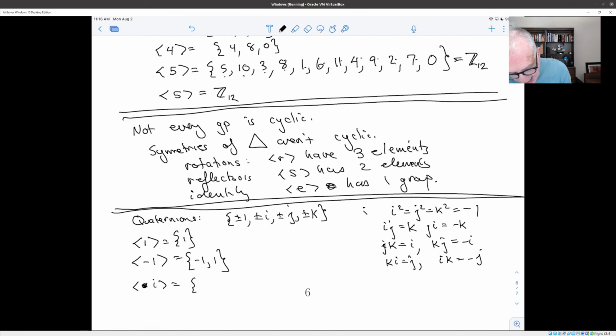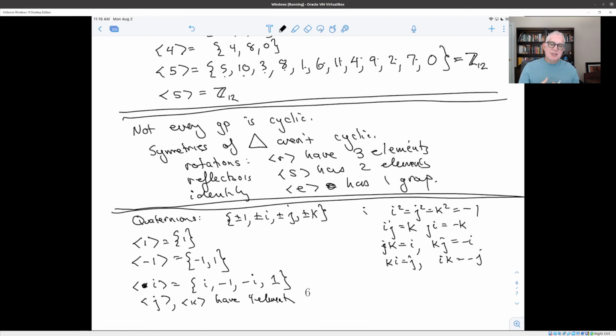Well, we have i squared, which is minus 1. We have i cubed, which is minus i. And then we have i to the 4th, which is 1. And that has 4 elements. And you can see that j and k also have 4 elements. So none of the elements of Q give you powers which fill out all of the Quaternion group. So the Quaternion group is also an example of a group which isn't cyclic.